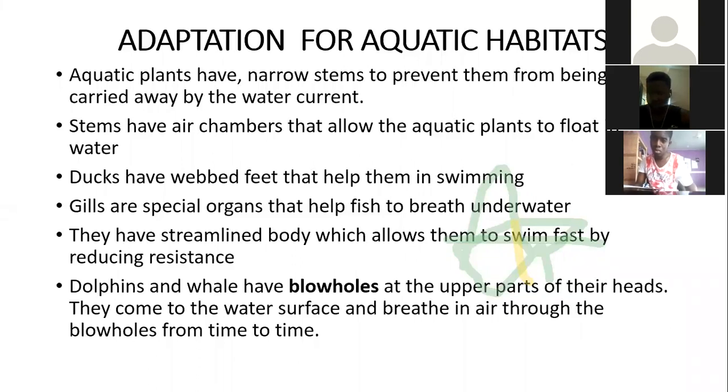So the moment you see a dolphin, shark, or whale coming to the surface of the water, they are coming to breathe in air through their blowholes, then they go back into the water body.